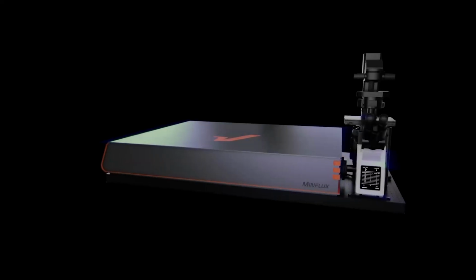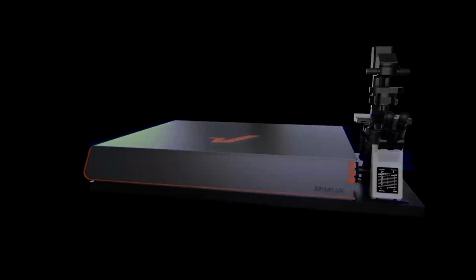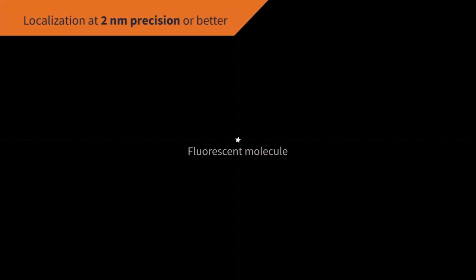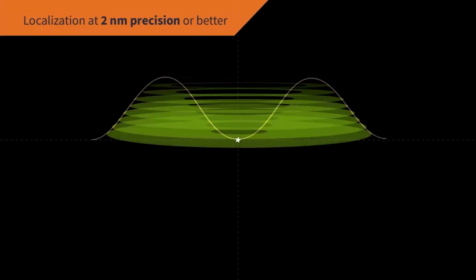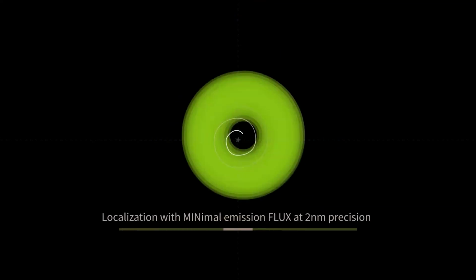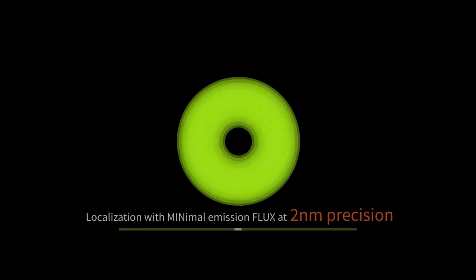It's our promotion video of the MINFLUX. Once we do the imaging, we do the iteration. We increase the laser intensity and the error is getting smaller.